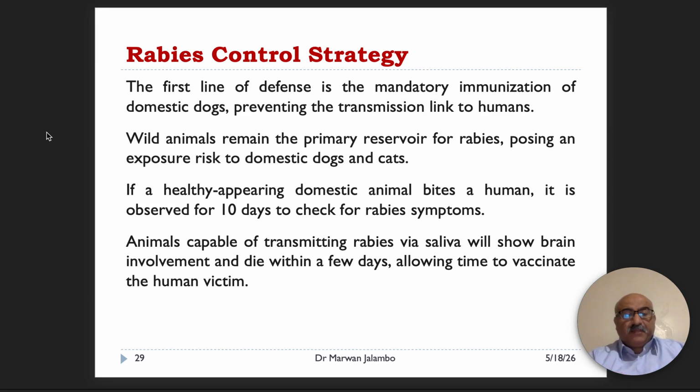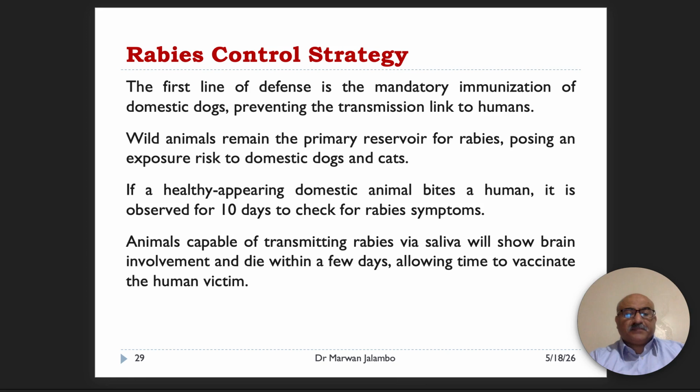Because the rabies virus infects only mammals and wild animals serve as the reservoir, our first line of defense is creating a barrier. We achieve this through the mandatory immunization of dogs and often cats against rabies. If a healthy-appearing domestic dog or cat bites a human, we simply observe it for 10 days.